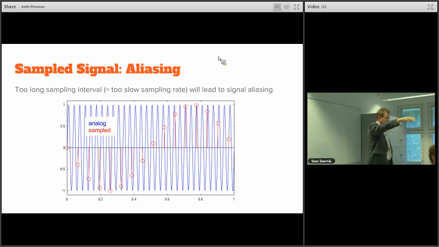It still looks sinusoidal, but it has a problem with the frequency. So that means earlier, with the low pass filter, you need to prevent any high frequency components from going to the sampling stage. Otherwise you will see aliasing.